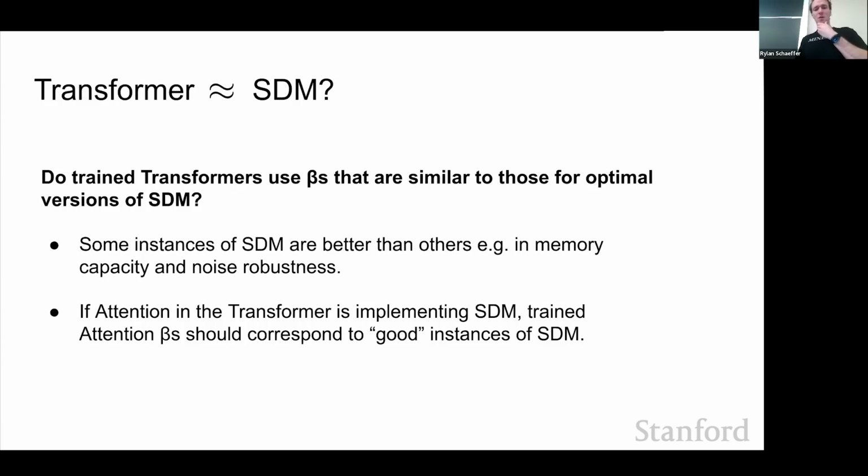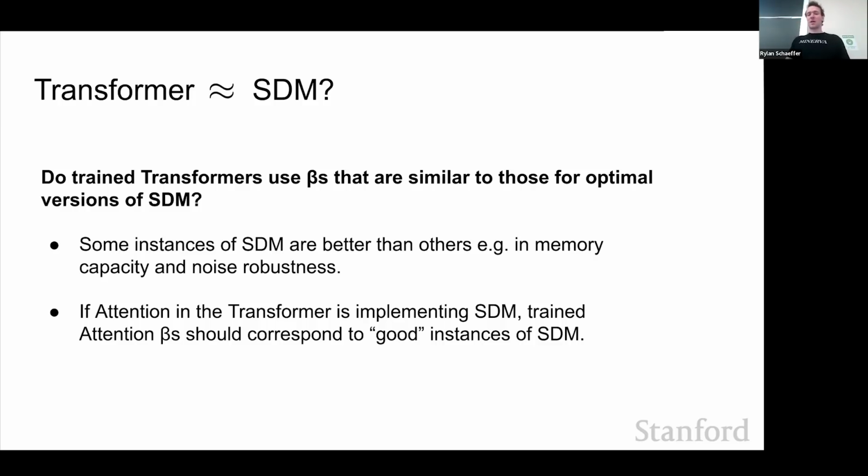Okay, so do trained transformers use these beta coefficients that I've said are similar to those for SDM? It shouldn't be surprising that, depending on the Hamming distance you set, SDM is better for certain things.